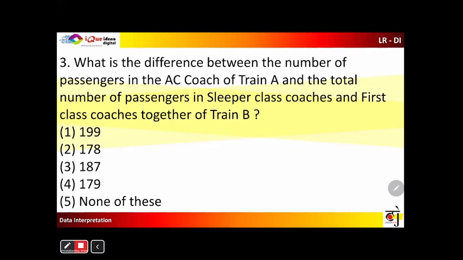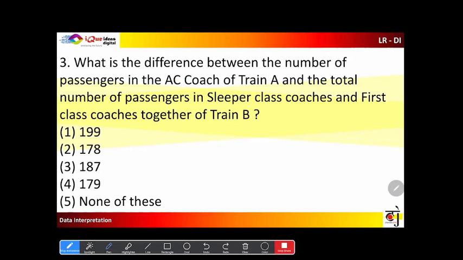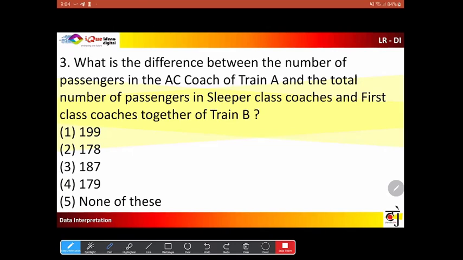What is the difference between the number of passengers in the AC coach of train A and the total number of passengers in sleeper and first class together of train B? So 196. Are my numbers correct?